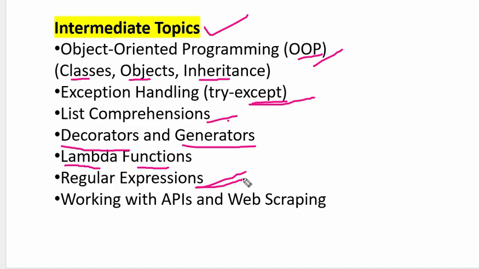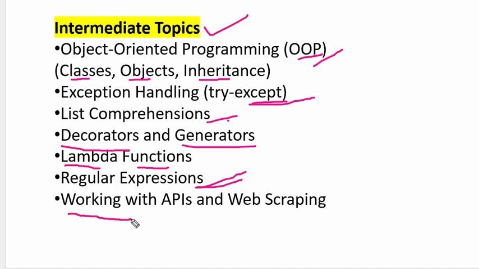Regular expression is also important, because if you have a bunch of data, you can identify some meaningful data, and for that we are using regular expressions. This topic is also very important, and the interviewer asks most questions from these topics when you are a fresher or have 1 or 2 years of experience.